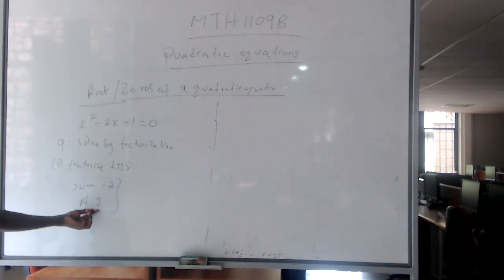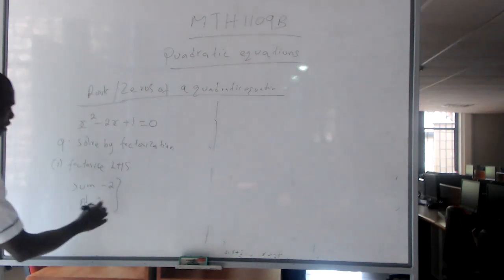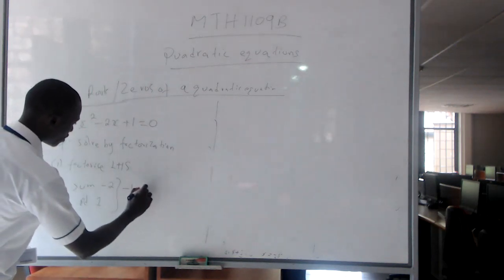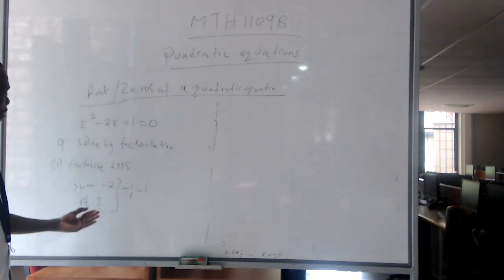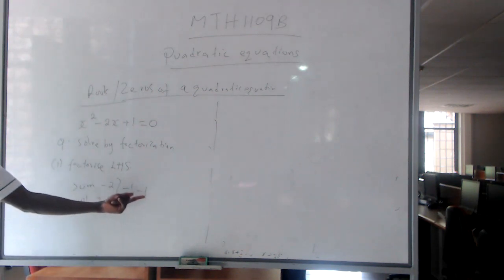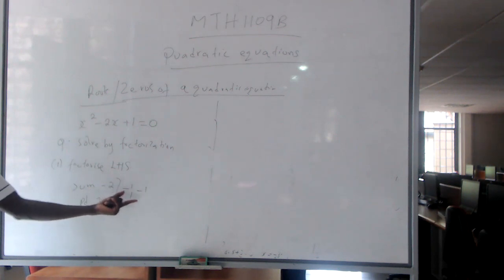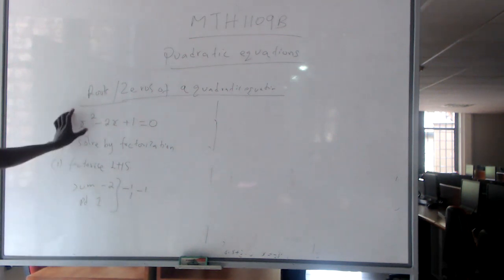I mean, the factors of 1 could be -1, 1, a half, and 2, a third times 3. But in this case, if I took -1 and -1, it's obvious that -1 times -1 is 1, because a negative times a negative gives you a positive, and -1 minus 1 is -2. So these two factors, -1 and -1, will help us here.